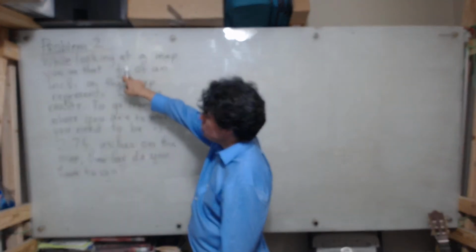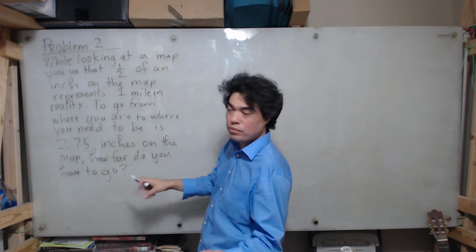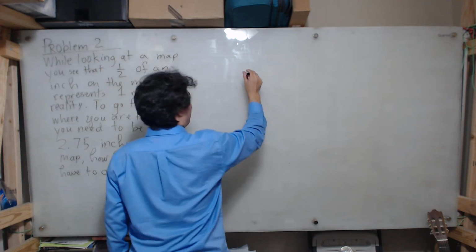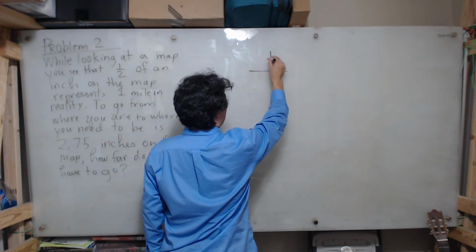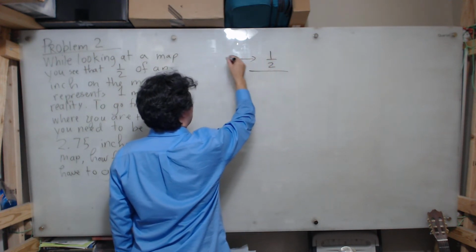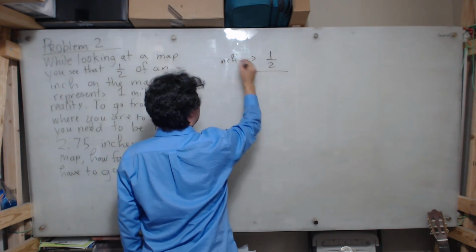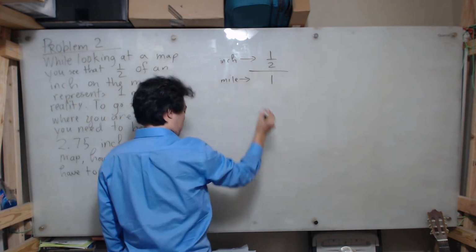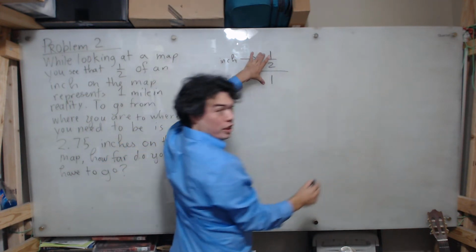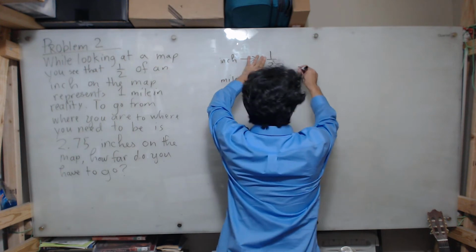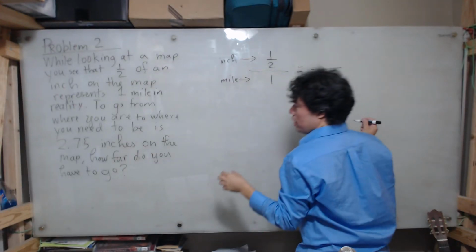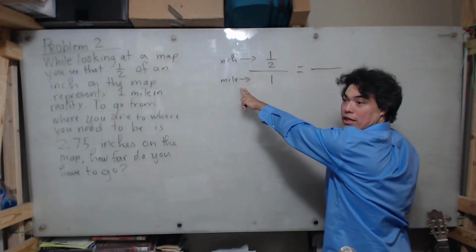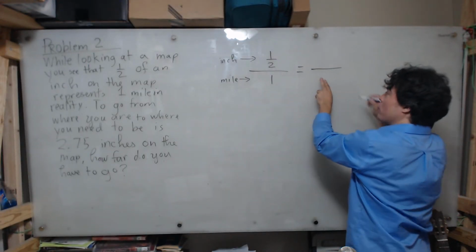Okay, so let me first explain what the ratio here is. 1/2 of an inch is 1 mile in reality. That's our ratio. And so here I'm going to set it up as a proportion. 1/2 inch is going to be 1 mile. This is our known ratio, and then our unknown is how many miles we have left to go. I put miles on the bottom on the left, so just like before, I'm going to put miles on the bottom below.